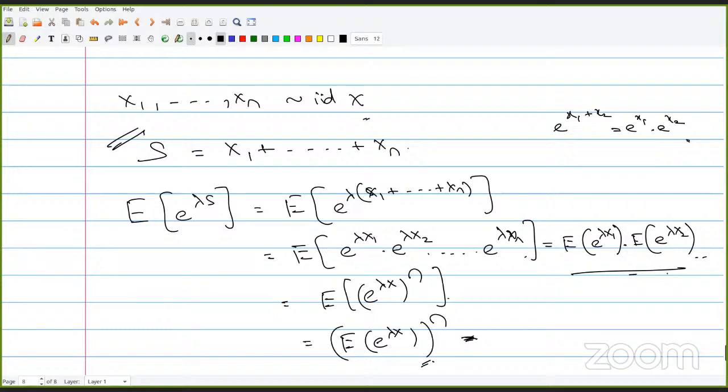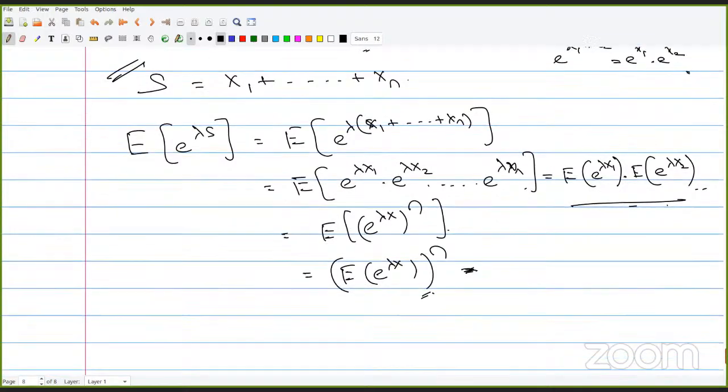Concentration phenomena is used to bound probabilities using exponential bounds. Till now we discussed MGFs, and the probabilities can also be bounded using Chernoff's approach. The Markov and Chebyshev inequalities also give bounds, but in terms of 1 by n, so depending upon n, they don't give a proper, better bound.